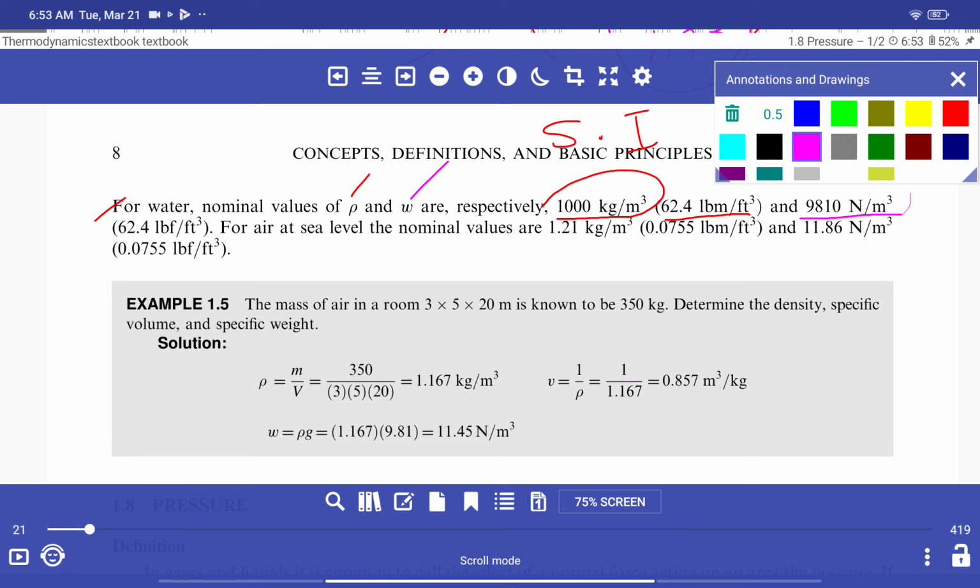But actually we are memorizing this as 9.81 kilonewton per cubic meter.